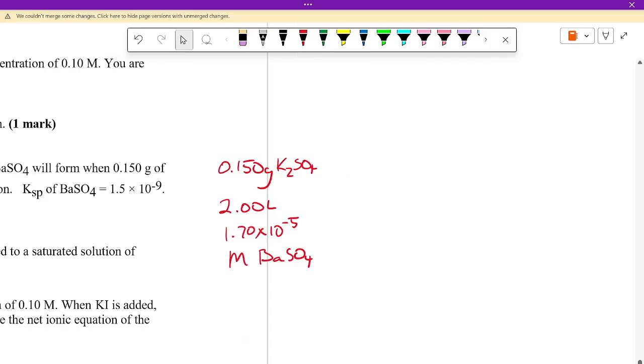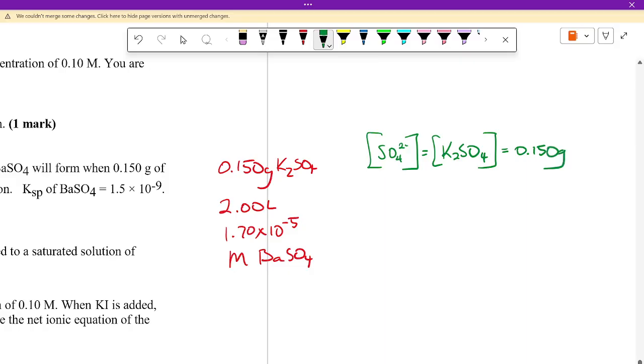So what we would need to do is find the concentration of SO4. And that would equal the concentration of K2SO4, because it's 1 to 1. And that would be 0.150 grams in 2 liters.